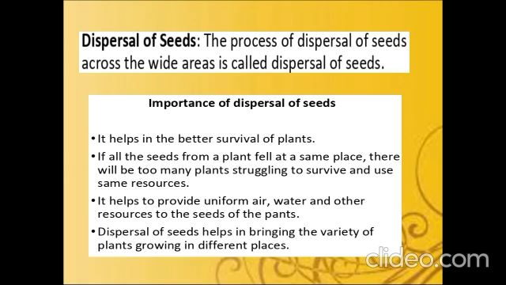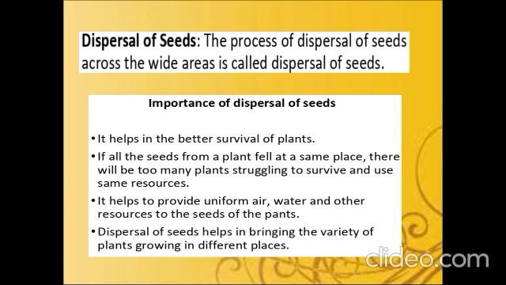Then dispersal of seeds. Dispersal means throwing of seeds. The seeds of a fruit may disperse to various places, by which a new plant can be produced. This is called dispersal. So what is the importance of dispersal of seeds? It helps in better survival of plants.